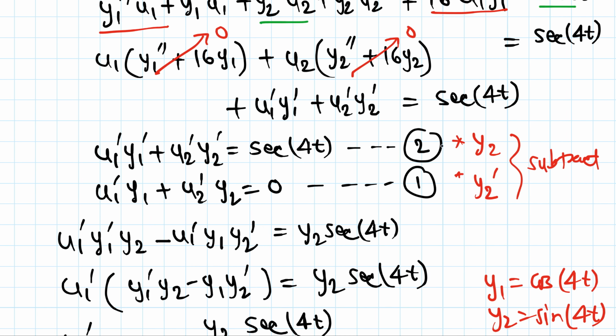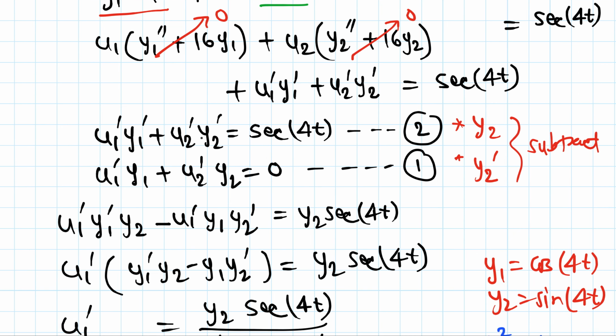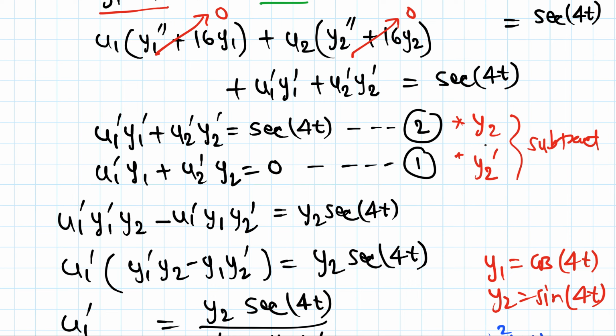Then from the same equations 1 and 2, we cancelled the second factor and we were able to find u1. Now we multiply in a slightly different way, to cancel the first, and then we will find u2. Go back here.